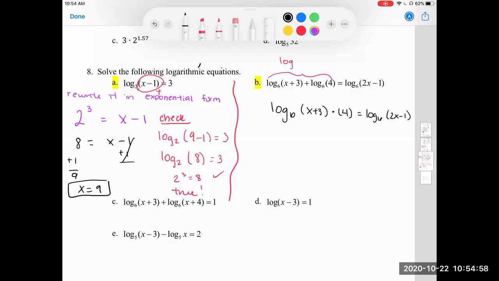So I combined it as 1 log because they're being added, so I can multiply the arguments. Okay, so if I multiply them, I have log base 6. Let's distribute that 4 in. 4 times x is 4x. 4 times 3 is 12.